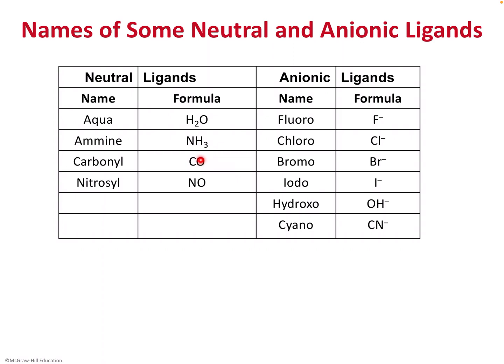Carbon monoxide, CO, is called carbonyl, and NO stands for nitrosyl. These are neutral ligands. Some of the anionic ligands: F minus, the fluoride, will become fluoro. Chloro, bromo, iodo, hydroxo, cyano, like that.